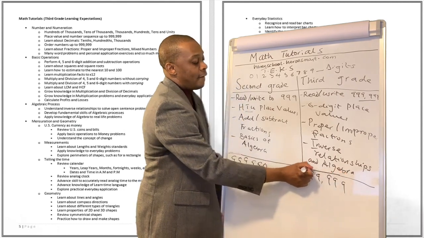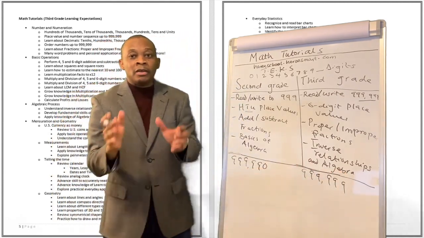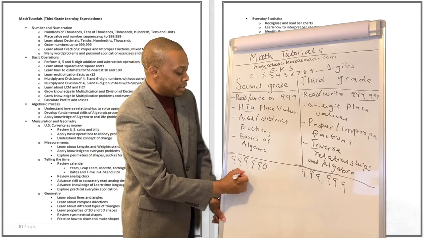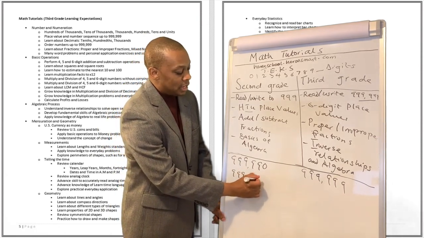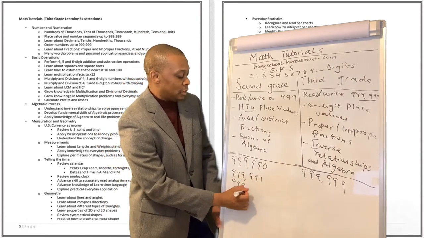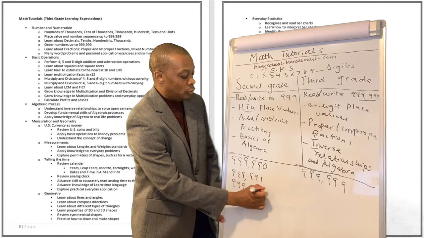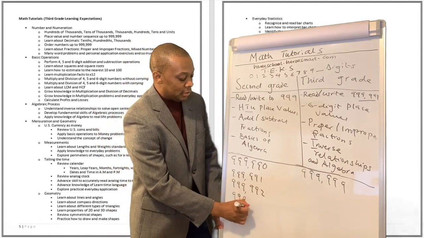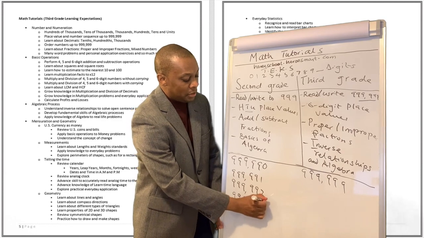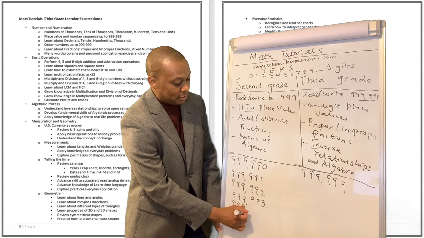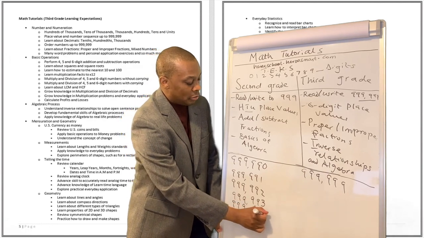We're going to count by ones. So this is going to be 999,991, 999,992, 999,993, 999,994.